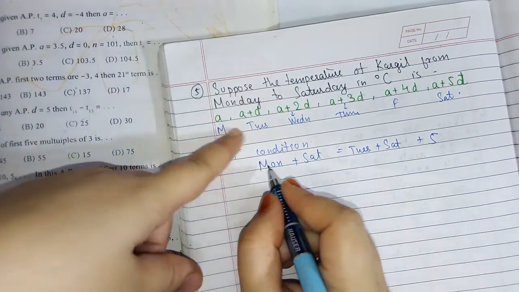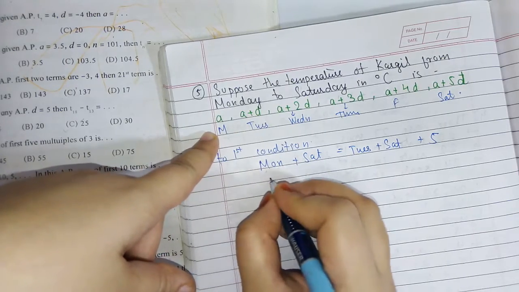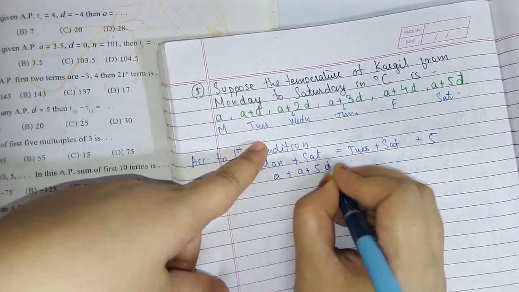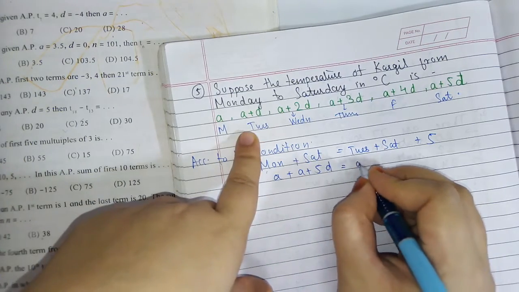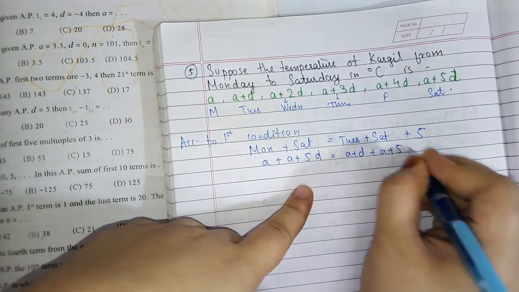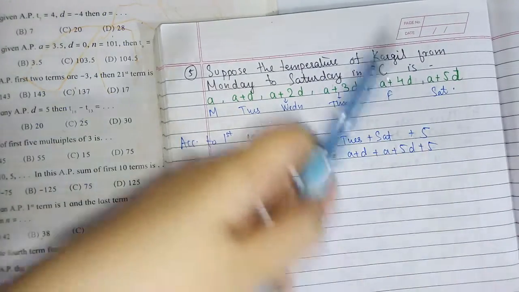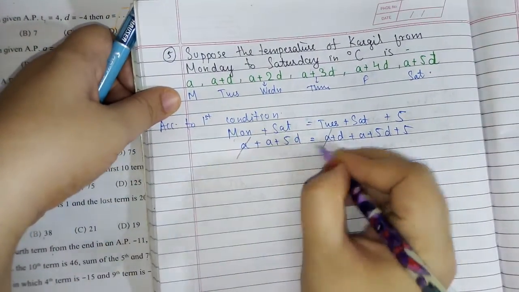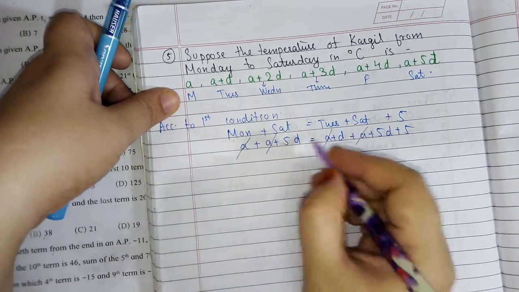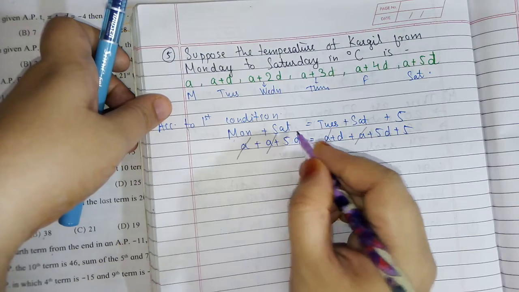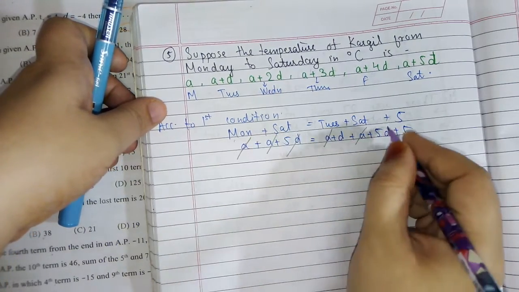On Monday we have temperature A, and for Saturday the temperature is A plus 5D. On Tuesday the temperature is A plus D, and on Saturday we have A plus 5D, plus 5. So the similar terms will get cancelled. A and A will be cancelled, 5D and 5D, and here D will be cancelled.